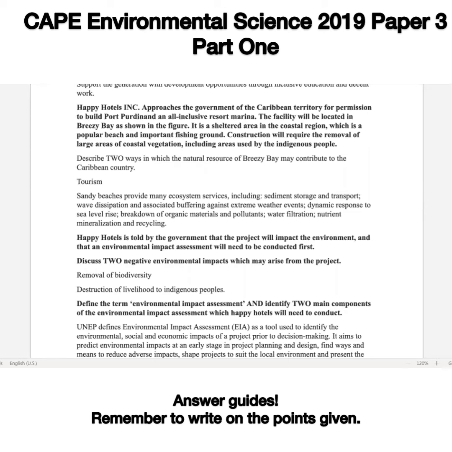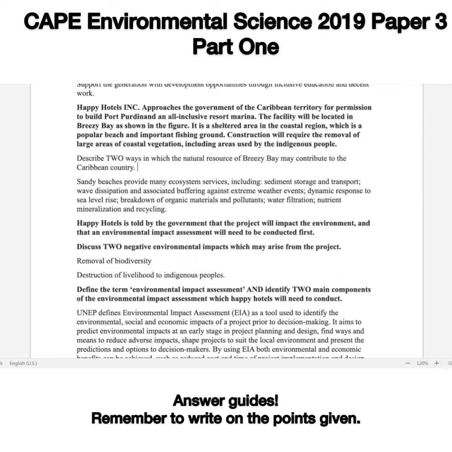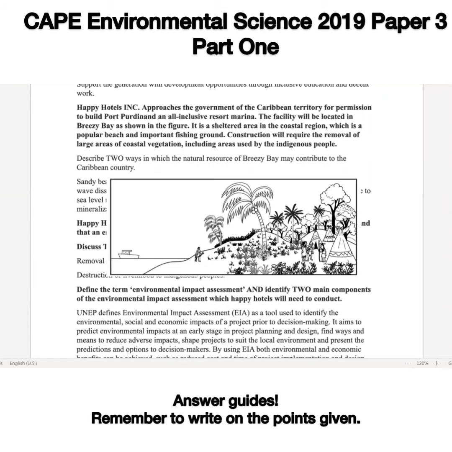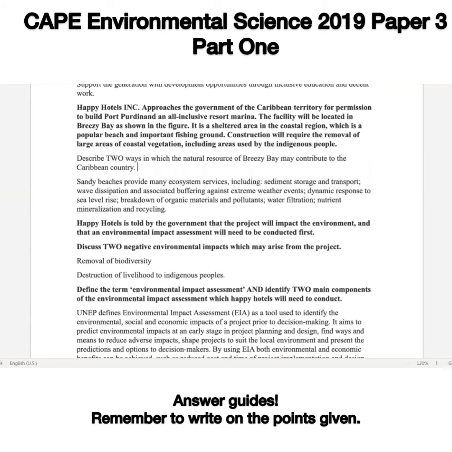A natural resource is a material found in nature that has usefulness and economic value. What are some natural resources you're seeing there? Well, I'm seeing water, I'm seeing trees, and I'm seeing people. These natural resources may contribute to providing food for the community, the water providing a means of transport and a source of food to these indigenous people.